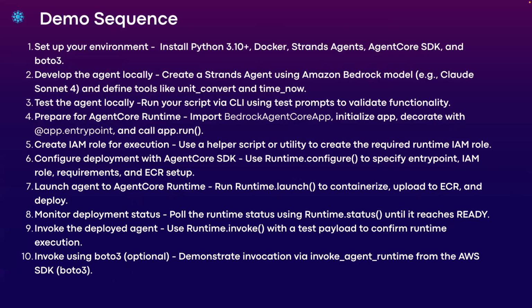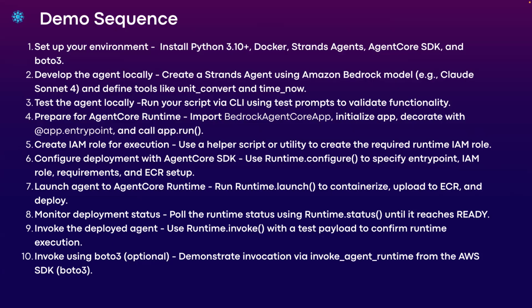This is the demo sequence. First, we set up an environment. Then we test our agent locally. I played around with multiple tools, but I'll go through very basic things. Once we develop the agent, we test the agent locally. That is the third step.